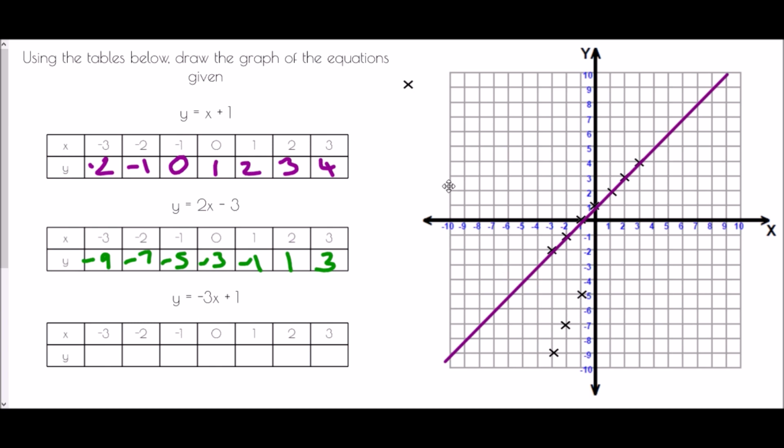And again, we're starting to see a straight line forming. 0, negative 3. 1, negative 1. 2, 1. And 3, 3.